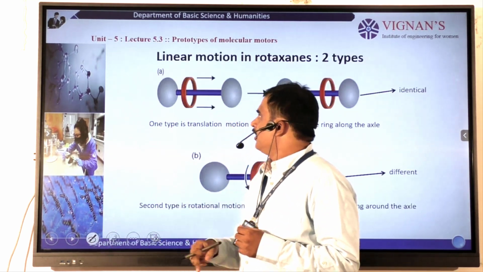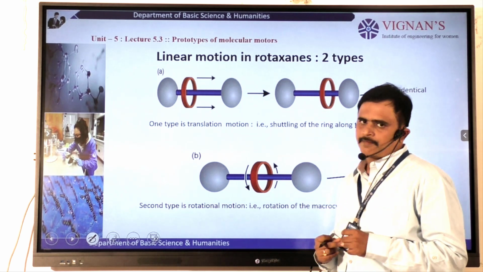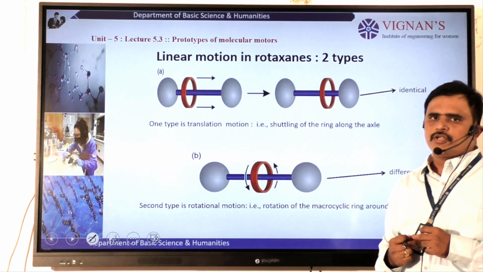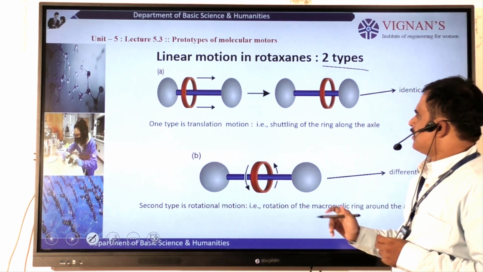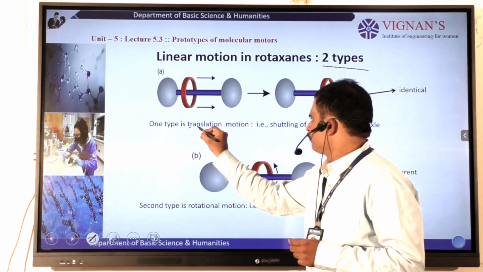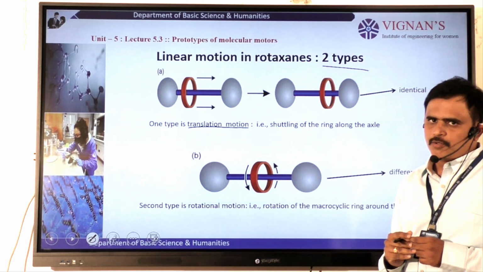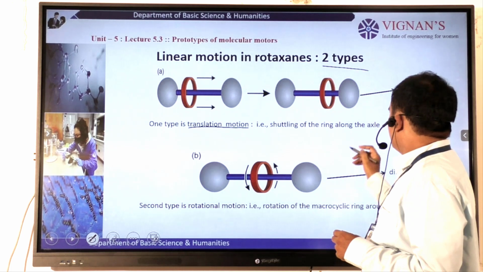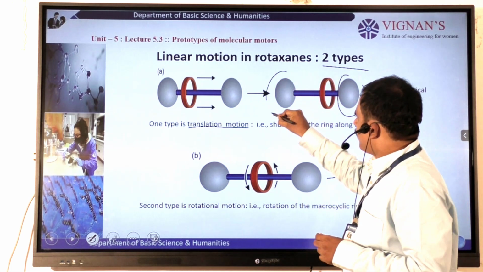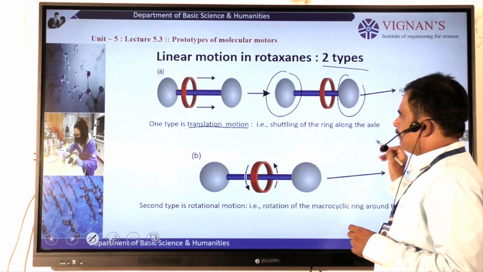First, let us see linear motion in rotaxanes. This linear motion we observe in two ways. The first type is translation motion. We observe this motion when the two brake components are identical.